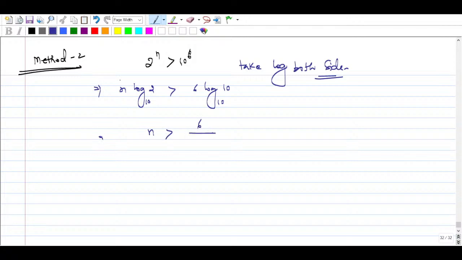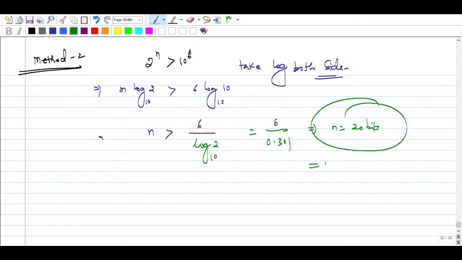So it seems quite complicated because now you're doing some math, right? So this is going to be 6 upon 0.301, which will give you n, the number of bits. This is method 2. I think method 2 is also good.